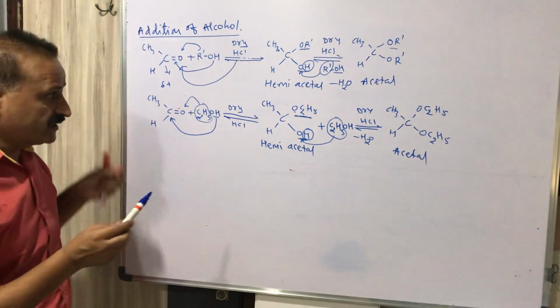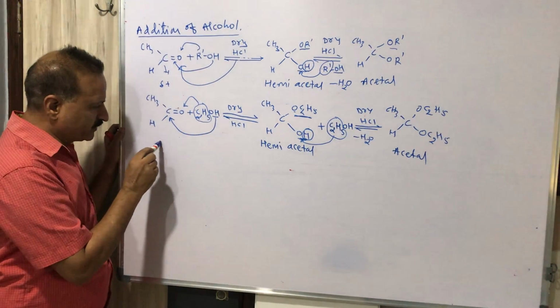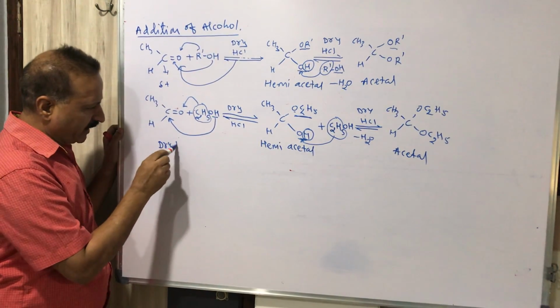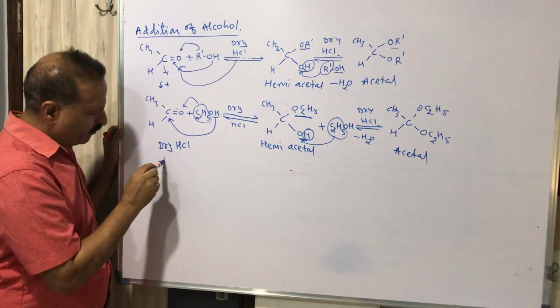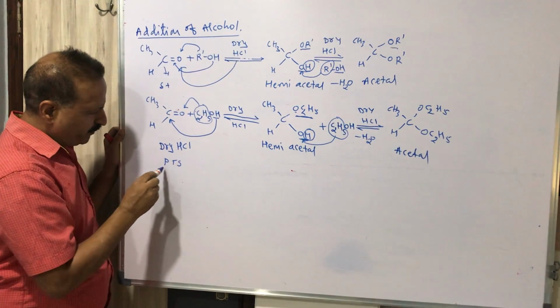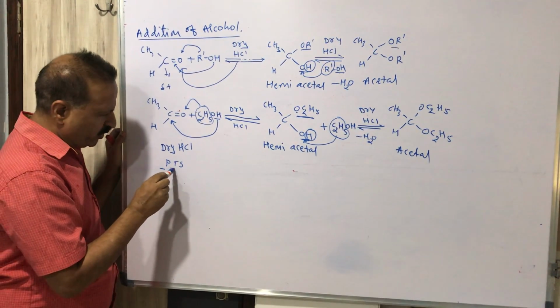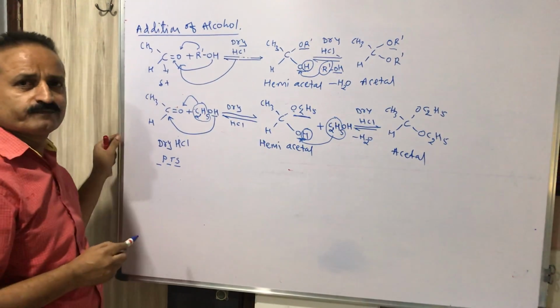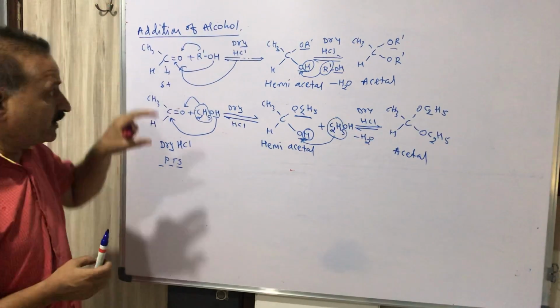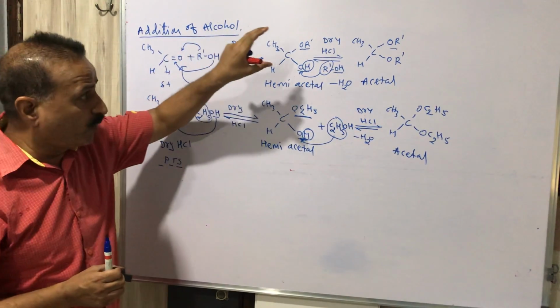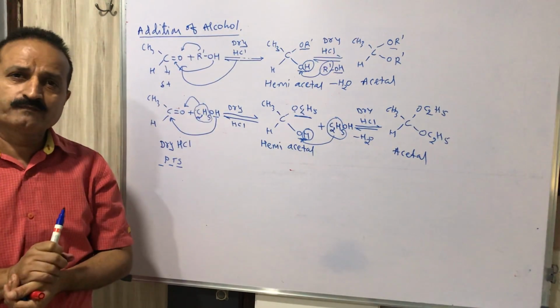This reaction can be done in the presence of dry HCl or PTS. PTS means para-toluene sulfonic acid. We have taken two different molecules of alcohol.